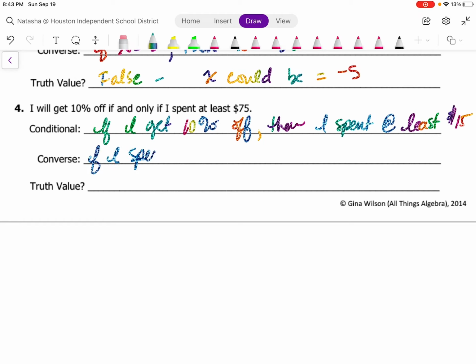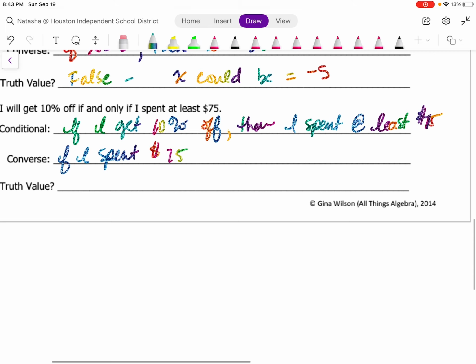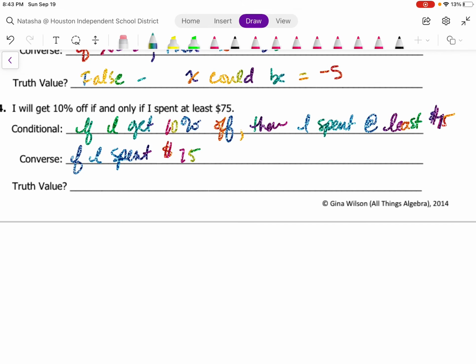Converse of that: if I spent $75, then I will get 10% off. This is true. Both are true.